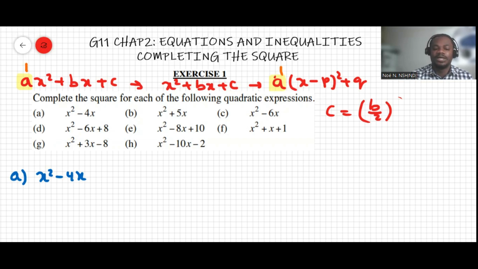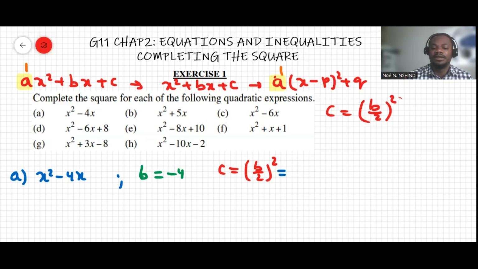What can I do here? I can note that the b value here is -4. So, following my definition, c is (b over 2) to the power of 2. We can substitute the value of b here.